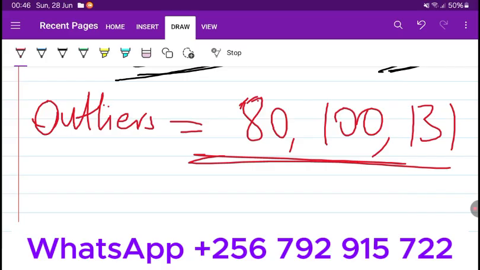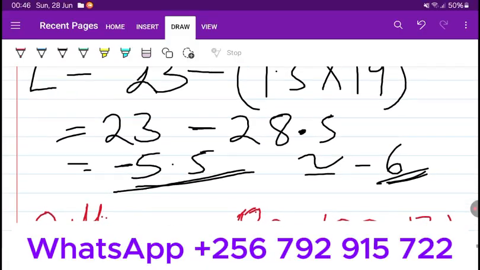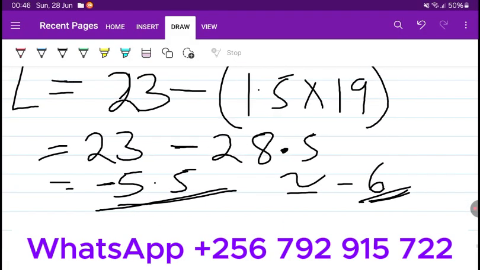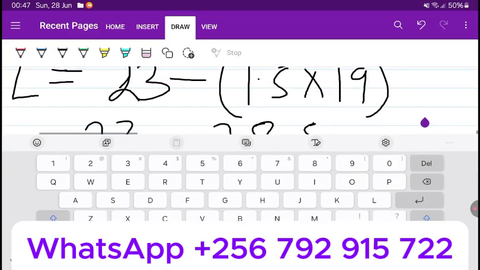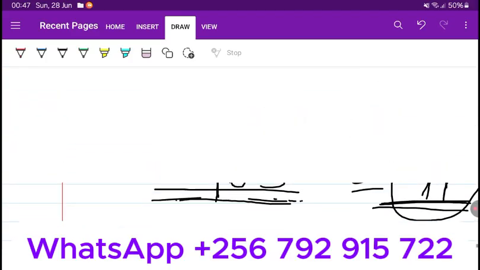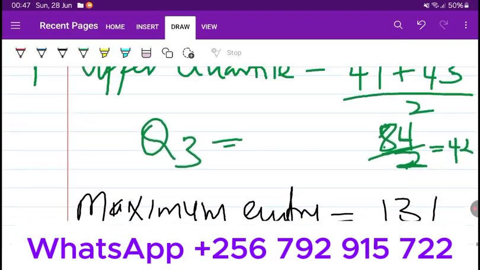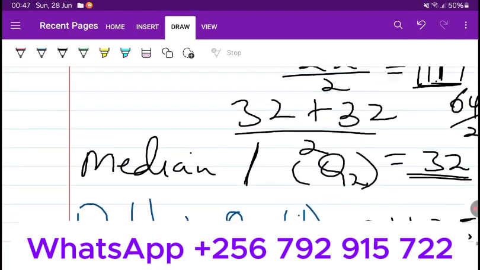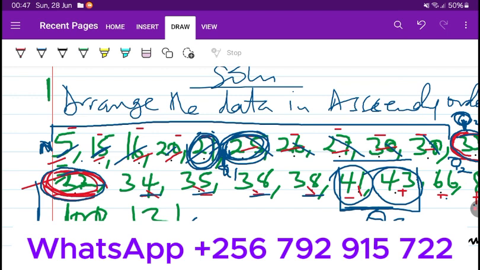So if the examiner asks you, something I want to explain: if this lower limit was a positive 6, and when you come to our data set that they gave us, you find that we had a 5. That 5 would be an outlier in here.